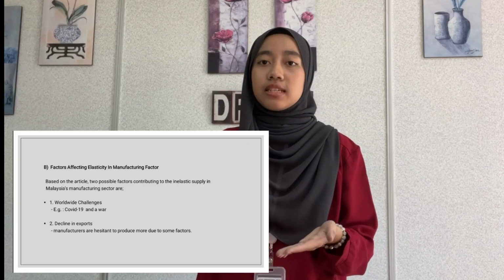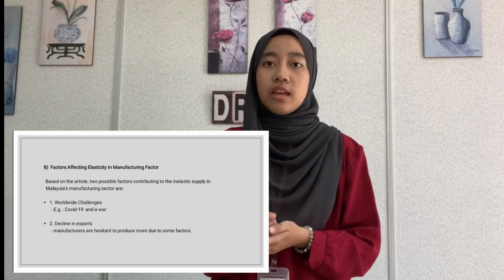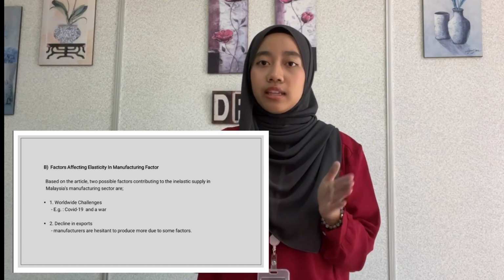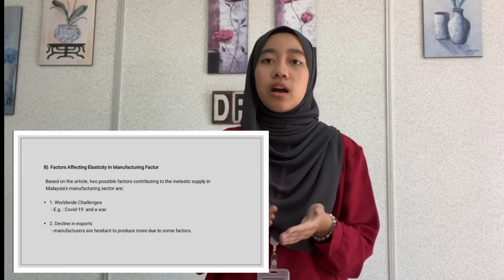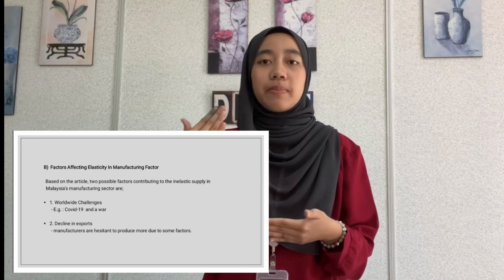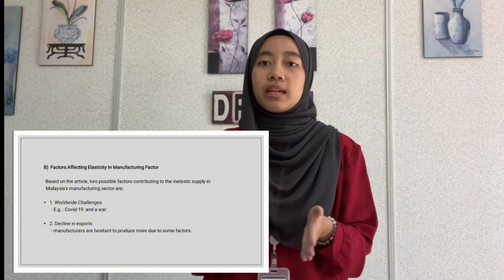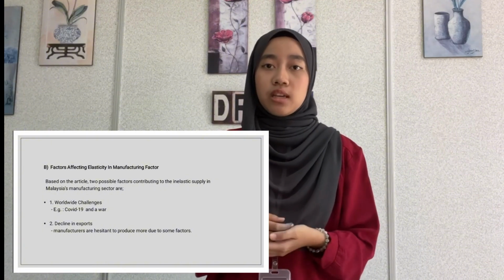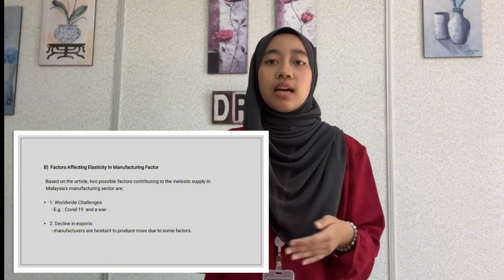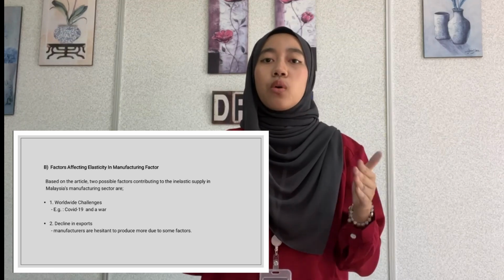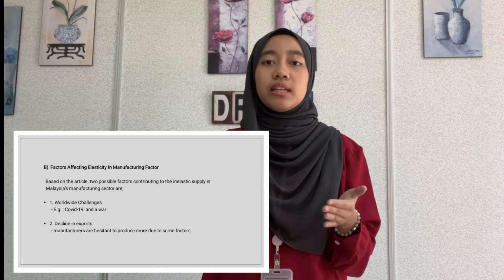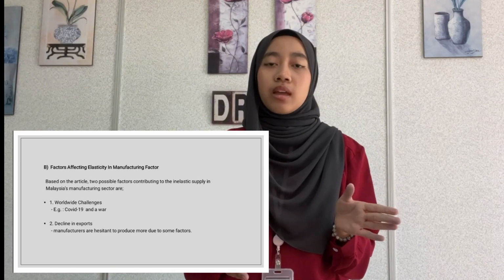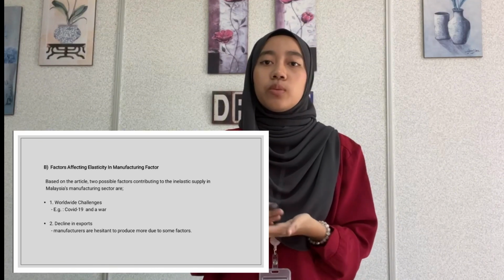Moving on to the next one, factors affecting elasticity in manufacturing. According to the article, Malaysia's economy remains vulnerable to global volatility, meaning unexpected changes in the global market can disrupt supply chains. When global uncertainty is high, manufacturers become cautious about increasing production, making supply more inelastic, which is less responsive to price changes.